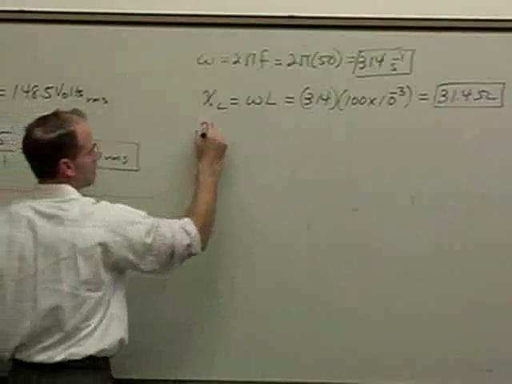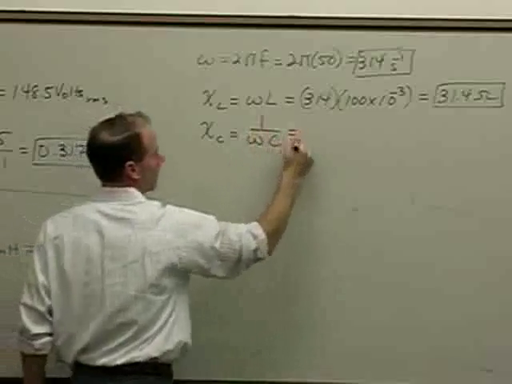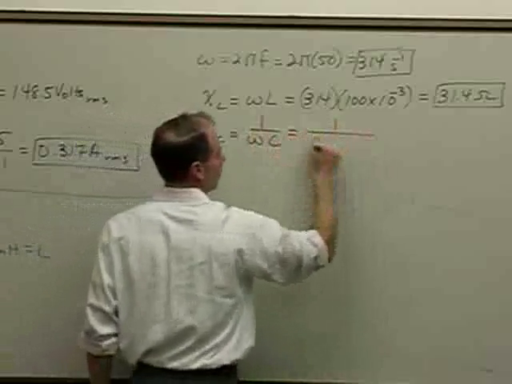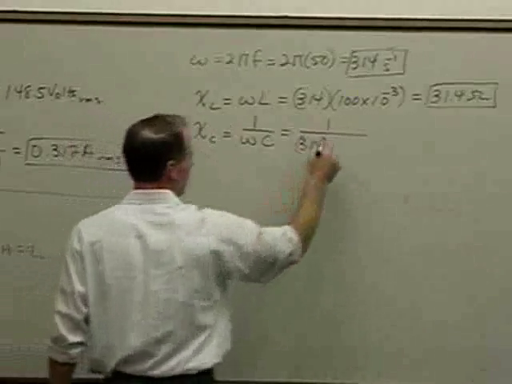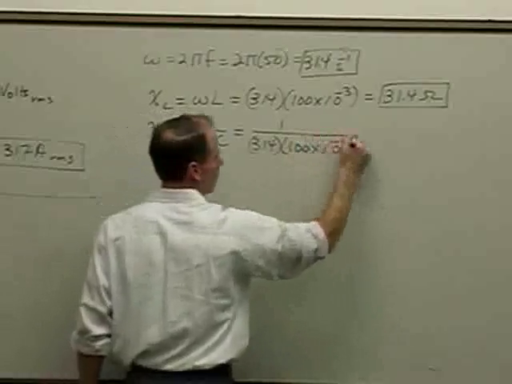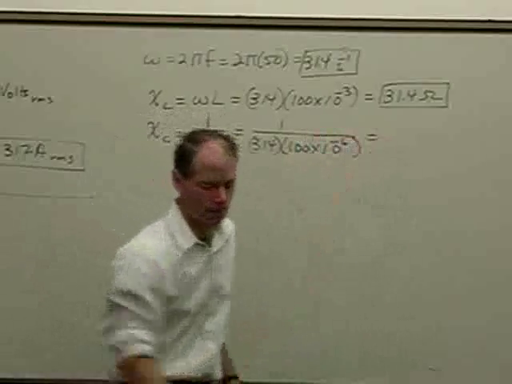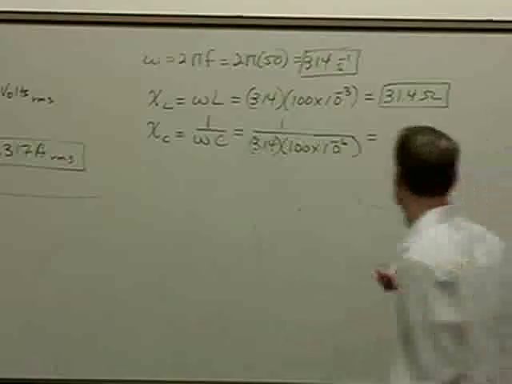Capacitive reactance is 1 over omega times C, and that would be 1 over 314 times 100 microfarads. If I figure that out, I get 31.85 ohms.